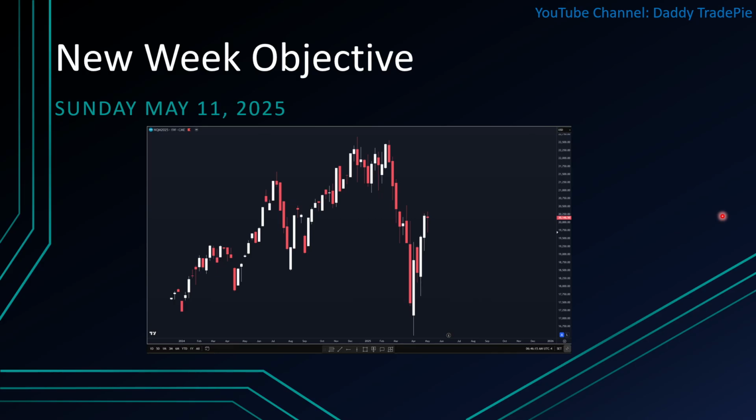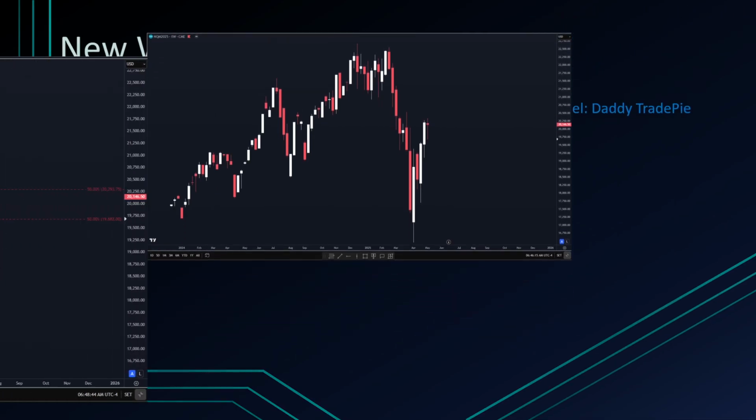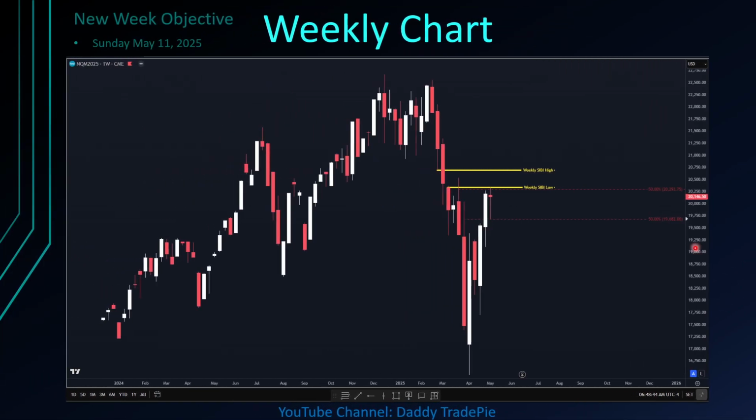Saying that, we jump into the weekly chart, and over here you can see that we have traded all the way up from the beginning of April, and now we reach these levels that are the weekly CB.